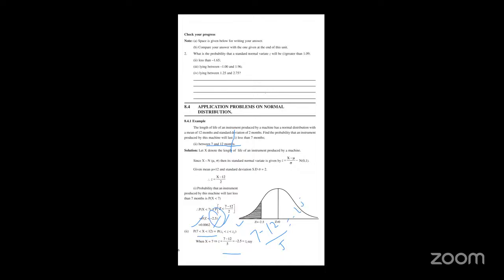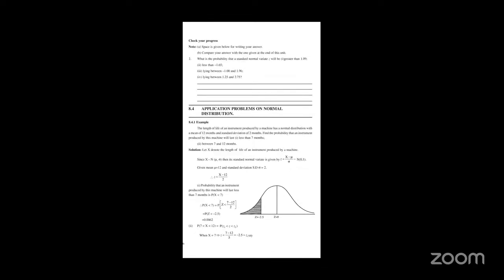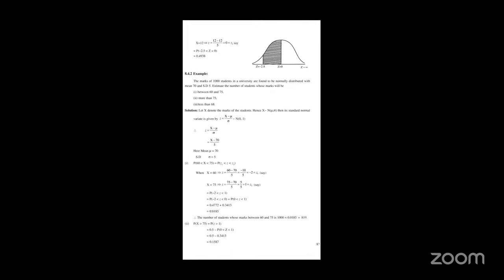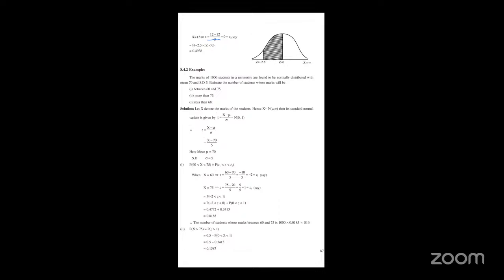For the second one, in the place of 7 we substitute 12: (12 minus 12) by 2 is 0. So it lies between minus 2.5 less than Z less than 0. The value of this, if you see in the calculator, is 0.4938.